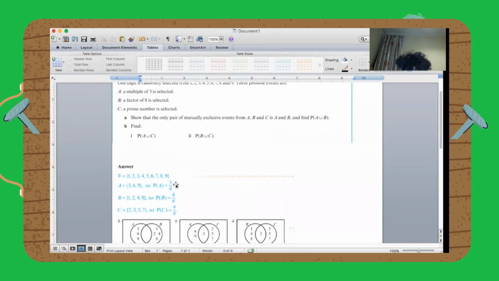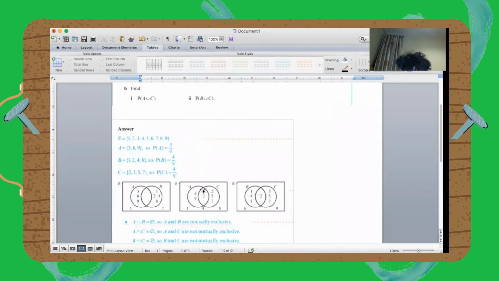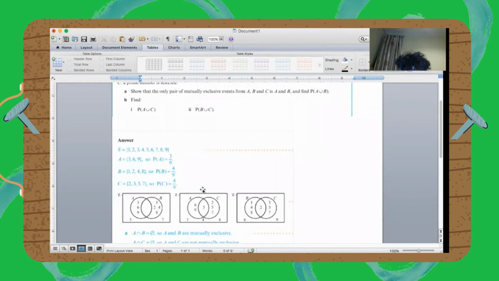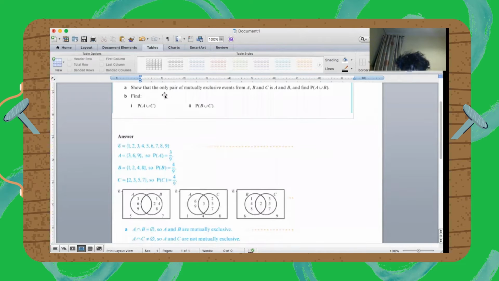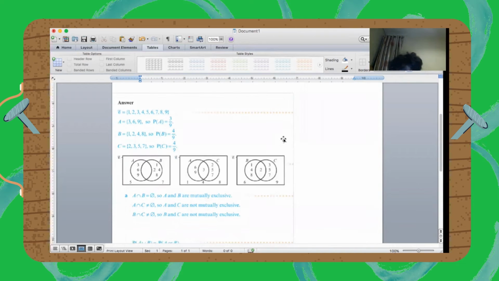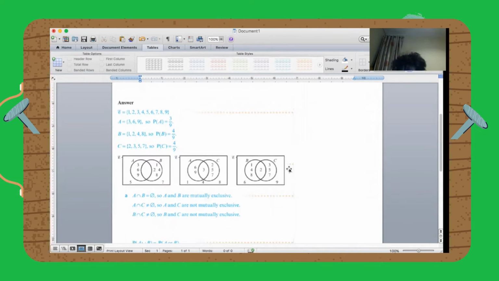So the probability of A is 3 over 9, B is 4 over 9, and C is 4 over 9. Now we have to show that the only pair of mutually exclusive events from A, B, and C is A and B. The outcomes favorable to pairs of events are shown in the three Venn diagrams opposite.